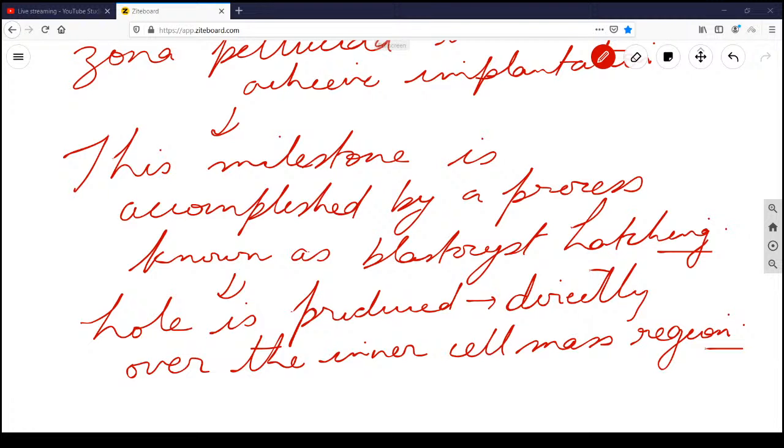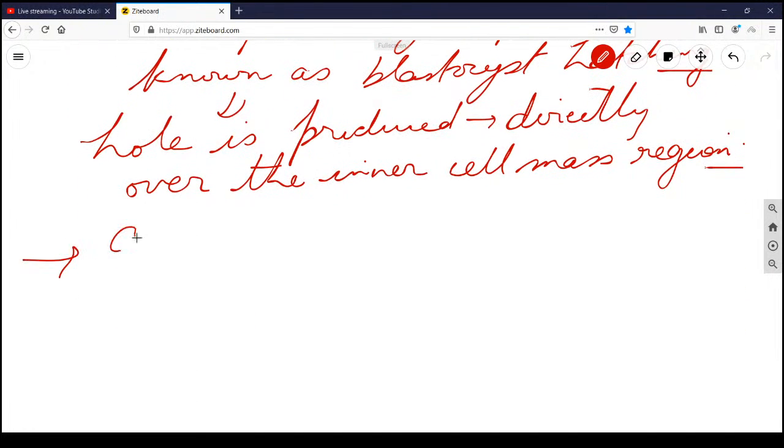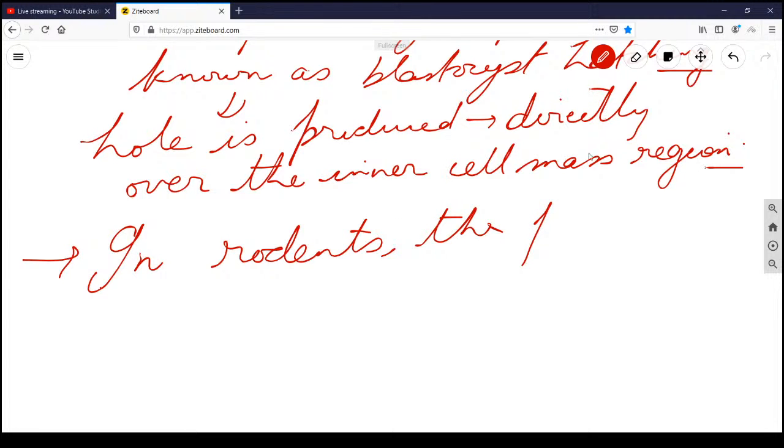Very great thing. So in rodents, if you go for blastocyst hatching, the protease enzymes degrade the proteoglycans.